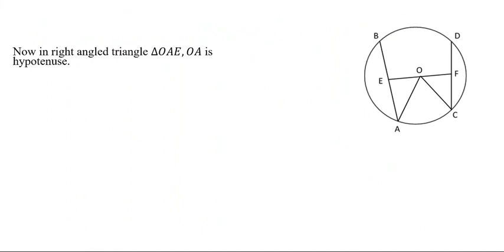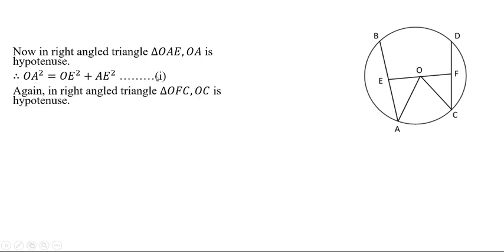Now, in the right angle triangle OAE, OA is the hypotenuse. According to the Pythagoras theorem, we can write OA square equals OE square plus AE square. This is equation number 1.